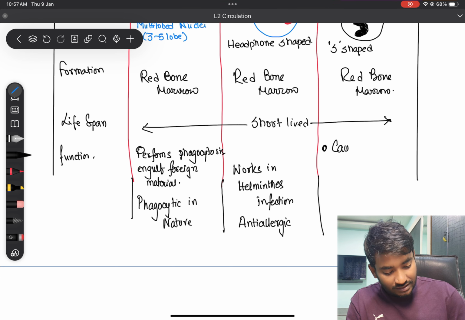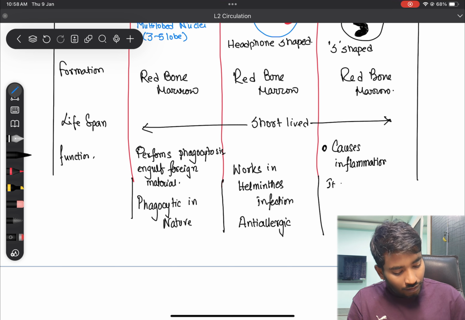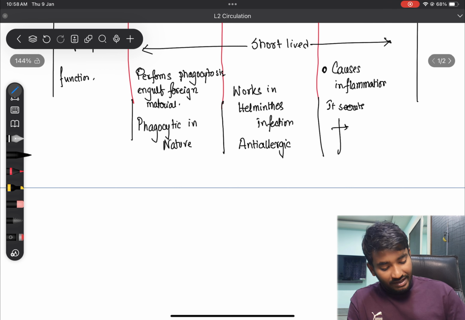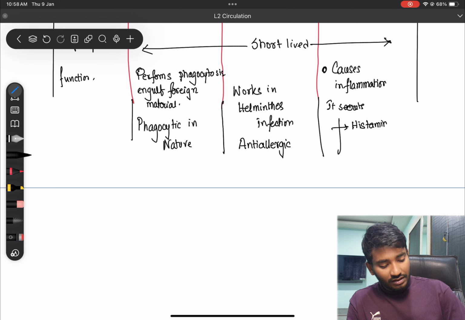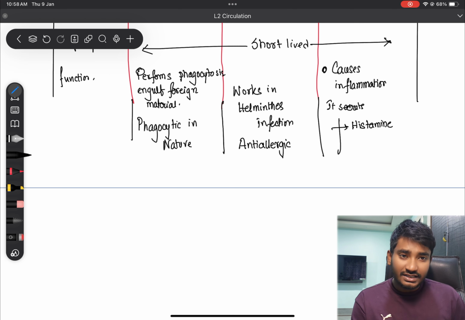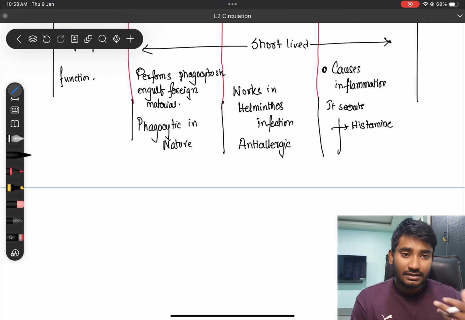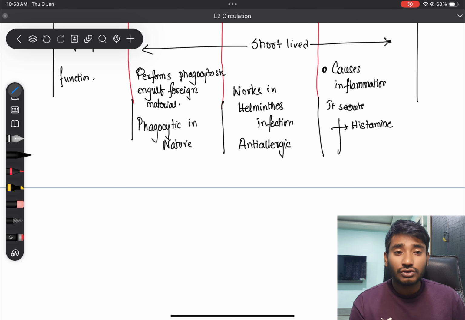Basophil causes inflammation. Basophil secretes histamine. Histamine is the main cause of allergic reaction and of the runny nose, which in Bengali we say as shordi.